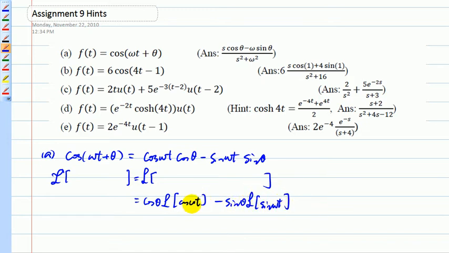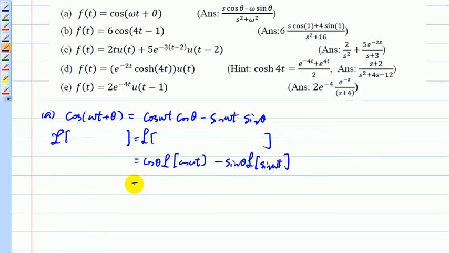Now you can use the table to fill out the blank here. From the table you have Laplace transform for cosine omega t and for sine omega t, just put them here, and then do some simplifications. You'll be able to get the Laplace transform for this one here. Okay, so that's part A.